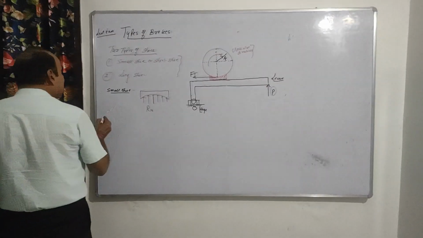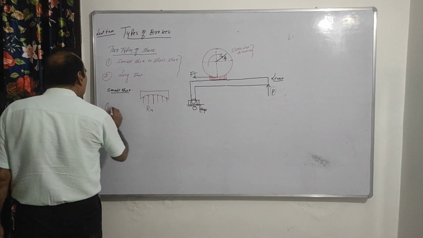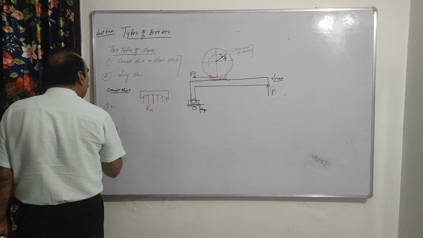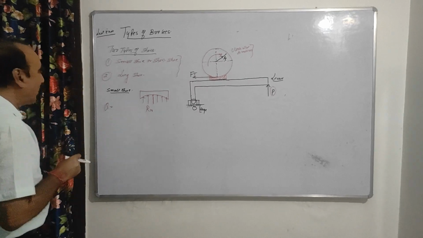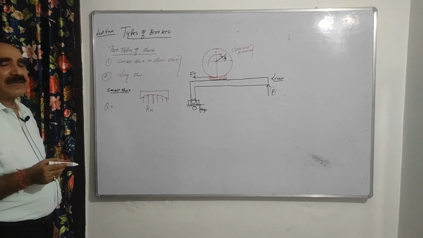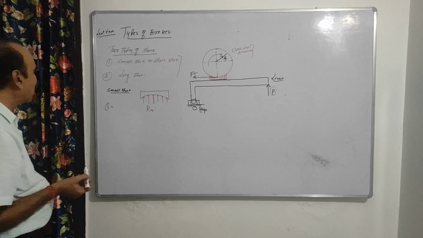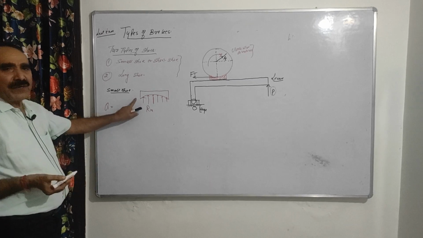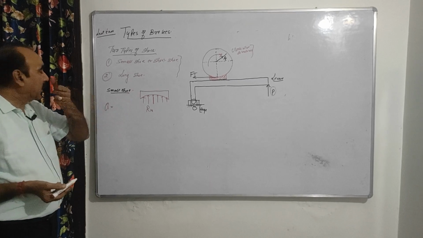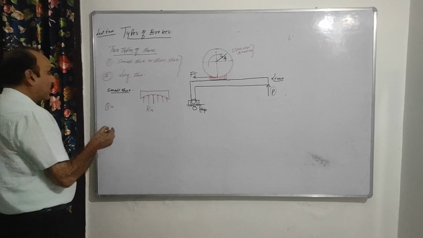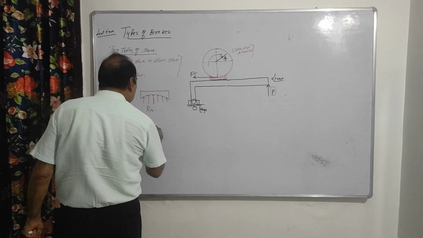And the second point is, in case of small shoe, we take the angle as 45 degrees or less than 45 degrees. But in case of long shoe, what happens?